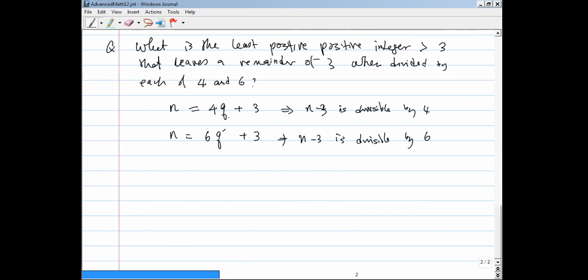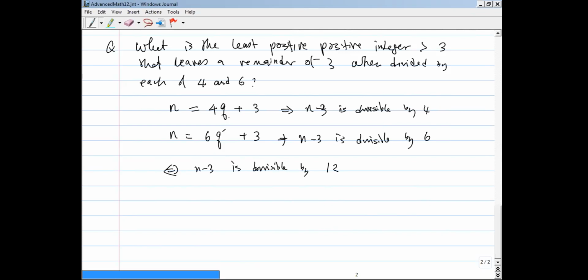So a number divisible by 4 and by 6, if you combine them together, n minus 3 is divisible by 12, okay? Because 12 is the smallest number containing 4 and 6.